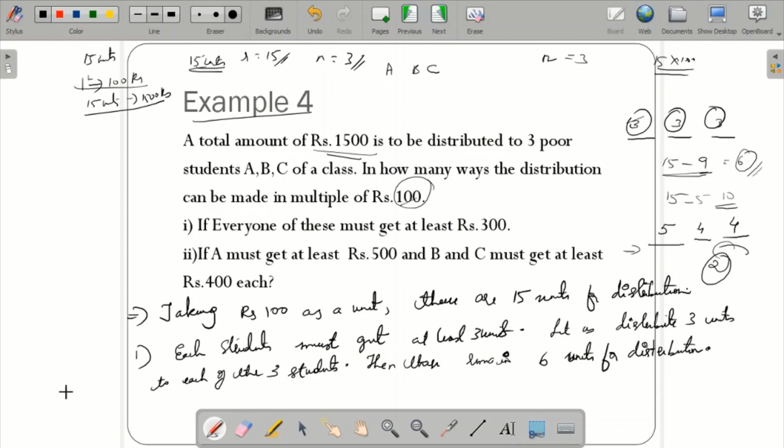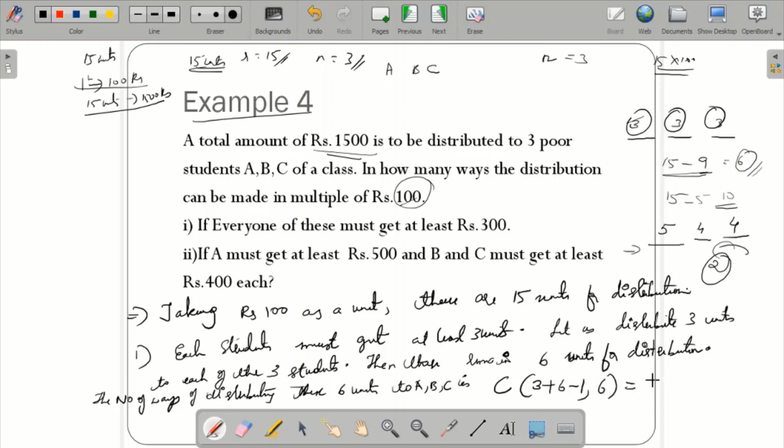The number of ways, therefore, of distributing these 6 units among A, B, C is the combination of 3 plus 6 minus 1 comma 6.